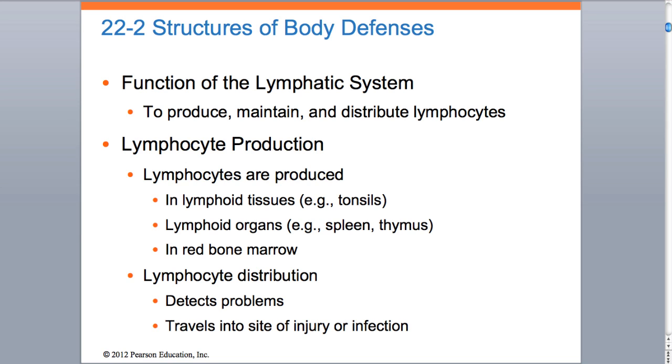Okay, so this slide is important. So lymph tissues like tonsils, spleen, thymus, red bone marrow. Okay, what about the lymphocyte distribution? It's based upon what? It detects the problems and it travels to the site of injury or infection. So it actually travels there by way of your blood or by way of your lymph.